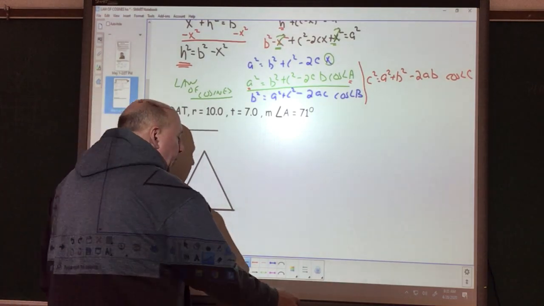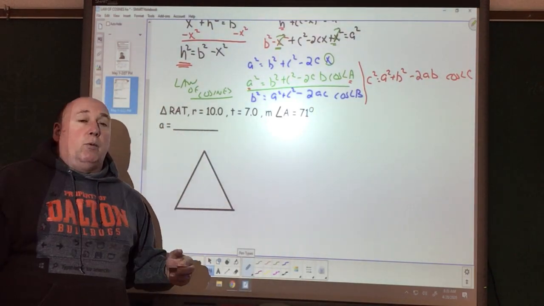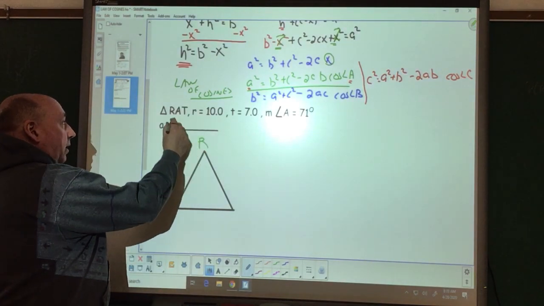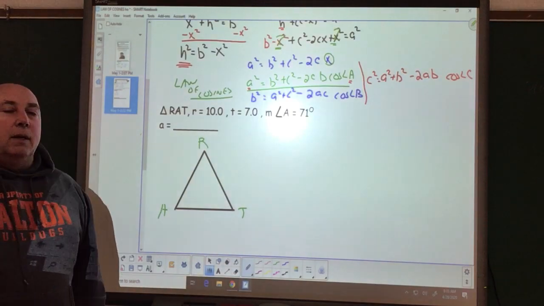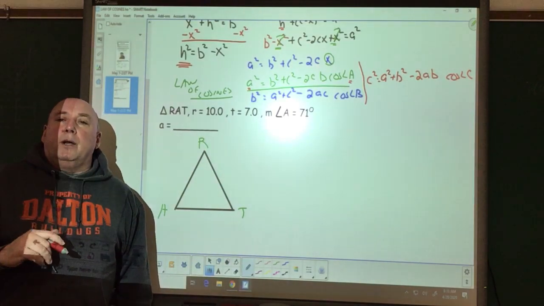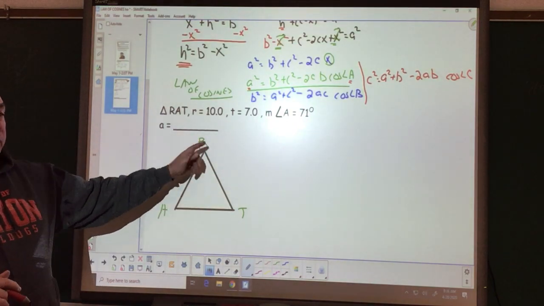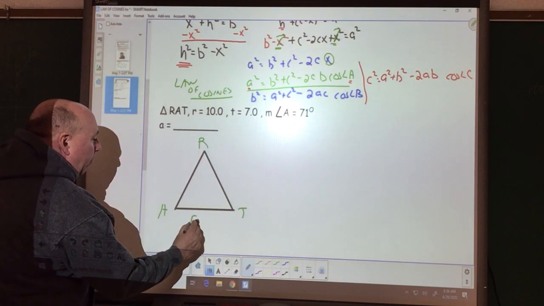Now, what side do we label what side? That's up to you. Or which angle do we label which angle with? What I typically do is I start with my R up top and then go left to right with my A and my T. That's typically what I do. You do what you want to do. Okay, but you need to label your vertices. Then the sides opposite will be the lowercase.